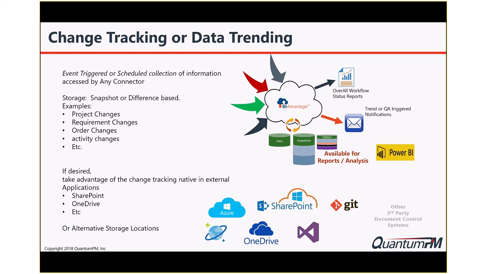So as we collect it, then we create various views, figure out what makes sense for what thing, and can produce status reports, can do trending. We can even do triggered notifications based on something just happened. So maybe we hit a milestone and that's something that was a trigger for some notifications to go out. Or maybe something is very much off in the numbers that are coming out.